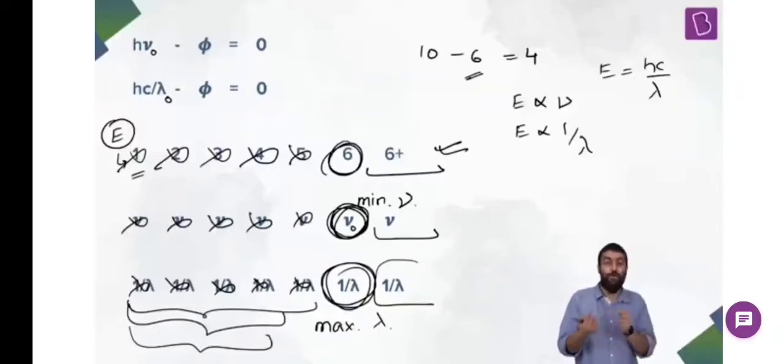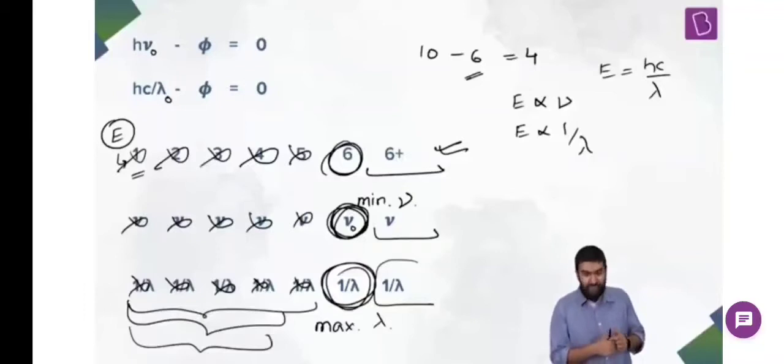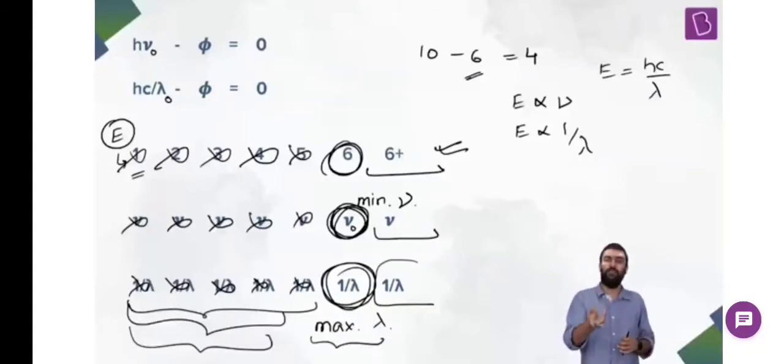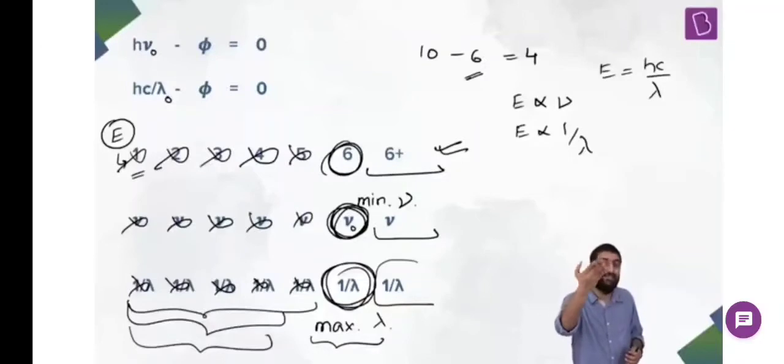So basically what we say is that this is the maximum wavelength for which you get an emission. Beyond that, larger than that, you will not get an emission. Below this wavelength, you will get an emission.